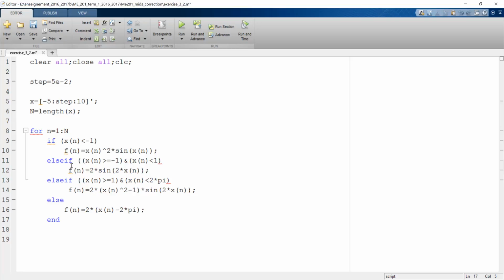Then end the if and end the for loop, and you plot it, but here you have to close brackets, and here also.